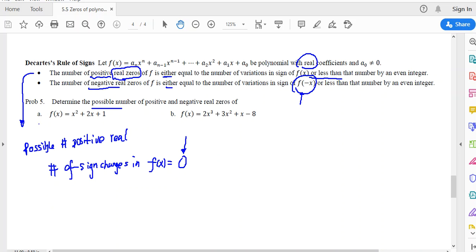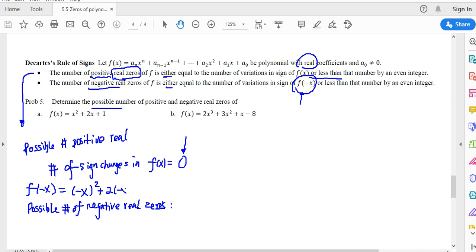So now let's look at f of negative x first. It is negative x squared plus 2 times negative x plus 1, which gives me x squared minus 2x plus 1.